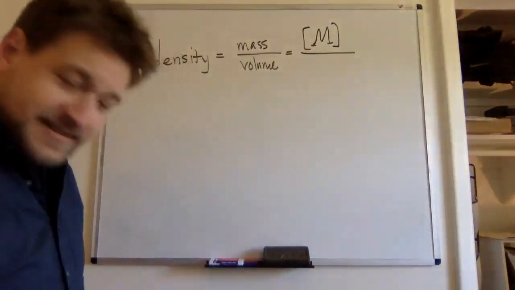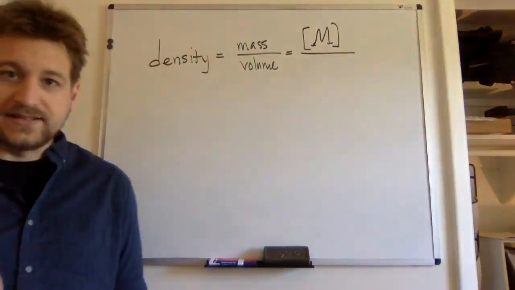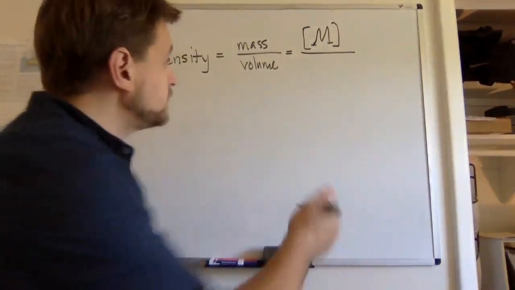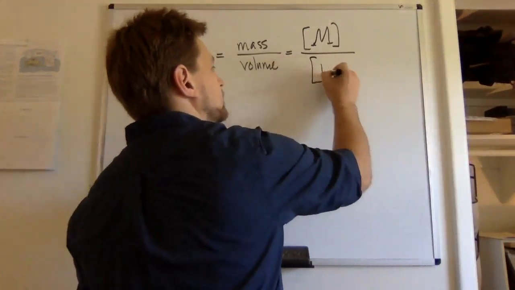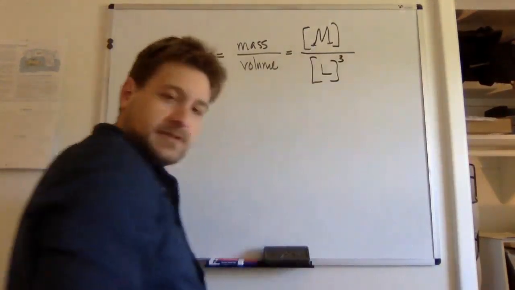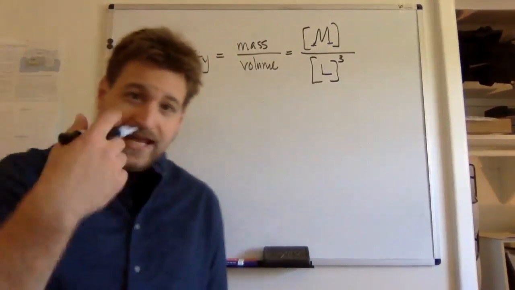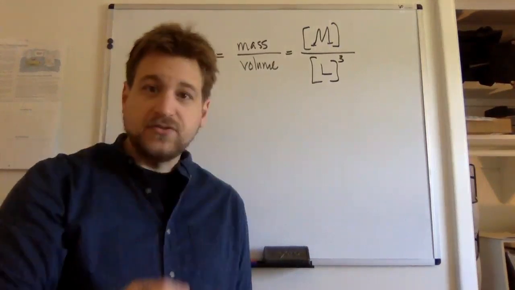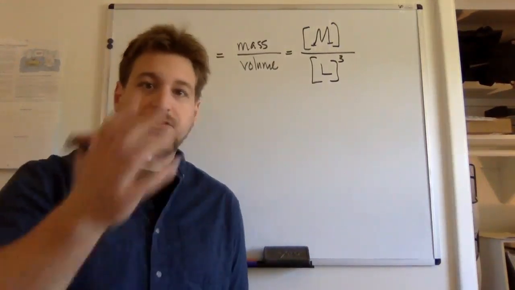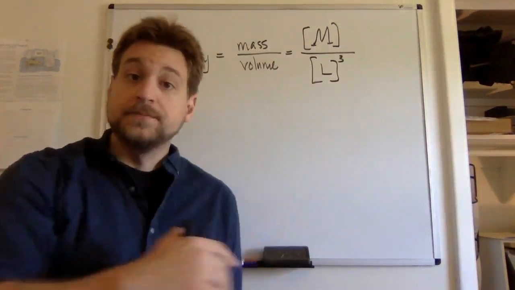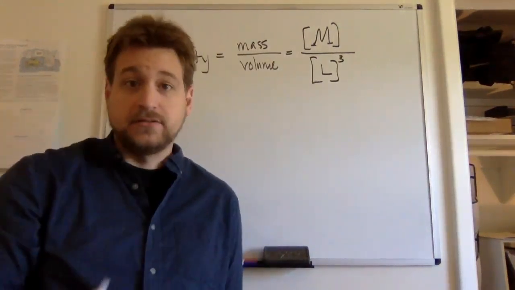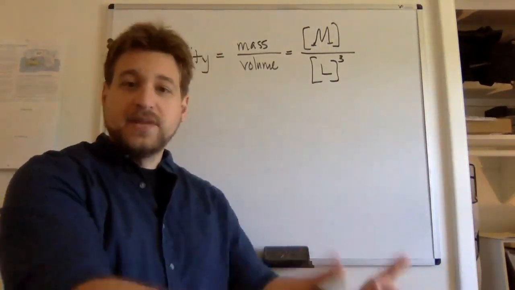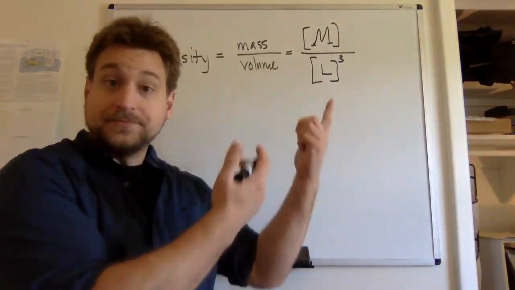Volume isn't its own fundamental way to interact with the world. It's the product of a length and a length and a length. So we can say that it has the dimension of length cubed. And every volume, whether it's liters or cubic feet or gallons or meters cubed, has the fundamental dimensionality of length cubed.